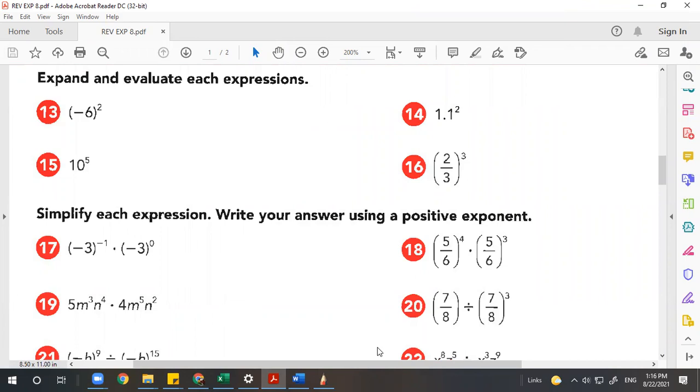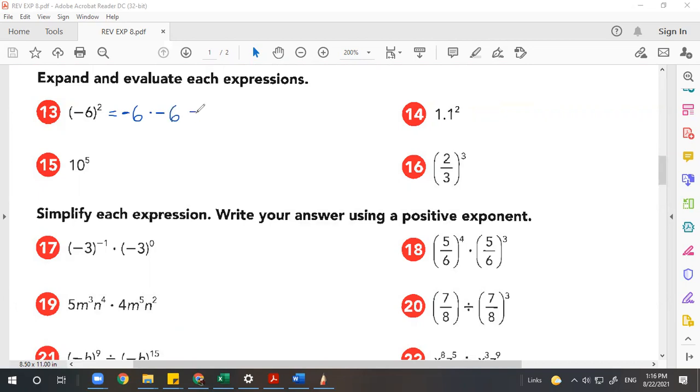Okay, continue for number 13. Expand and evaluate each of the expressions. So it means that you cannot expand only, but you have to finish it, try to solve it. Okay, how do you convert the negative 6 squared? Negative 6 times negative 6, right?